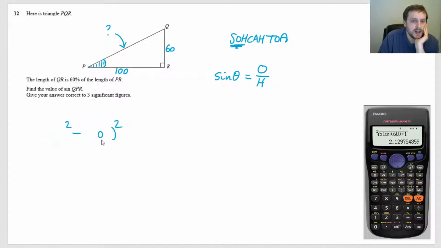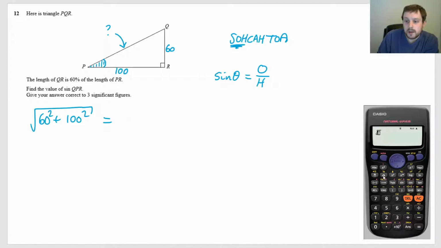It's a similar triangle, so it's still going to give you the same answer. Is 60% of 100 60? Yes, so you can make them be 60 and 100. So let's do 60 squared plus 100 squared and then square root that.